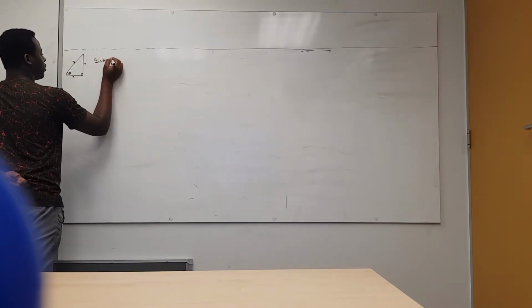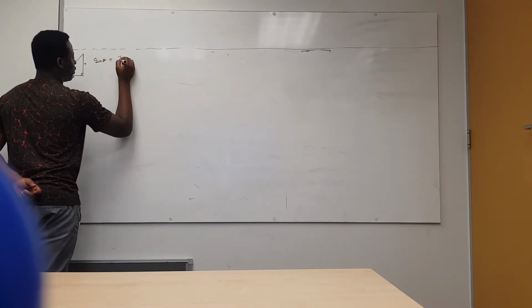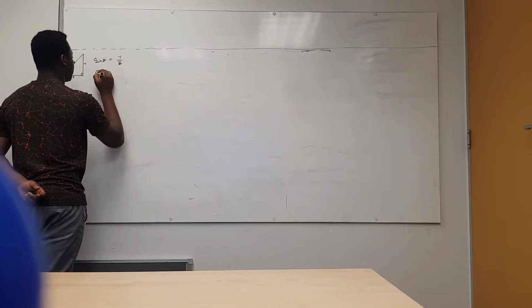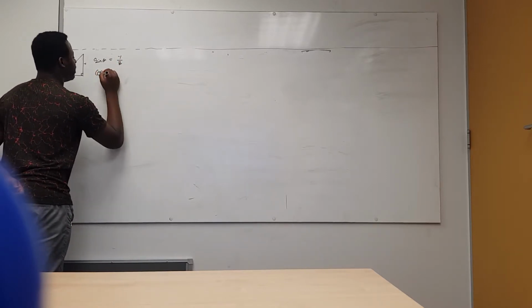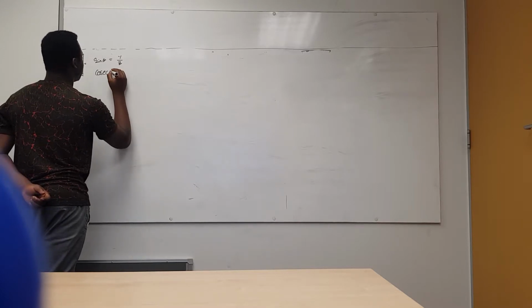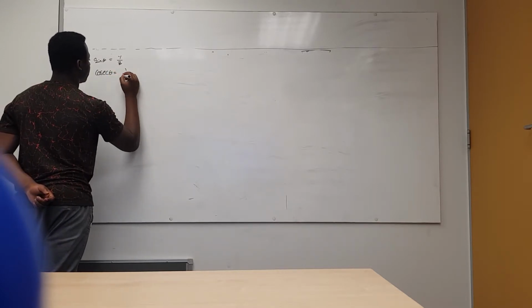Sine of the angle is equal to y divided by z. Cosine of the angle, secant of the angle, y divided by sine.